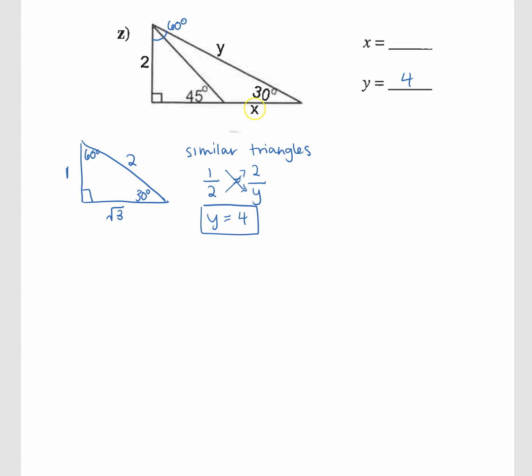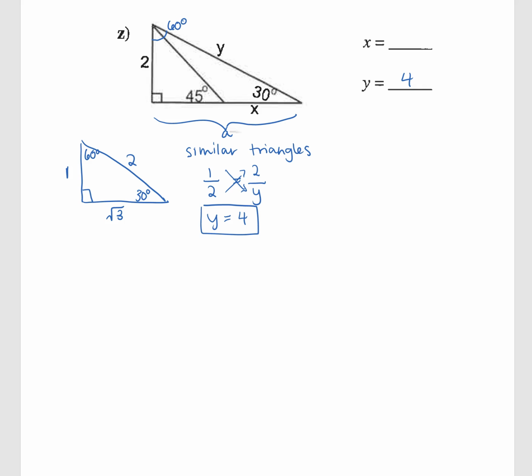Okay, so now we want to find x, and x is this short side here. So first what we should do is figure out what this whole side of the triangle is. So I'm going to say that this long side here is the variable a, just for figuring this part out.